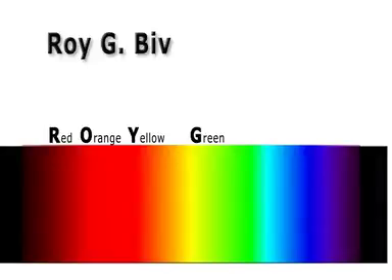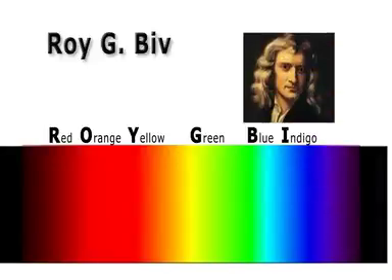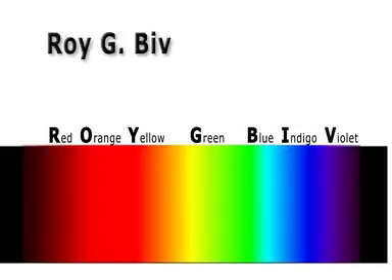In physics classes, people often ask, who is Roy G. Biv? Roy G. Biv is the name given to the 7 colors of the visible light spectrum: red, orange, yellow, green, blue, indigo, and violet.